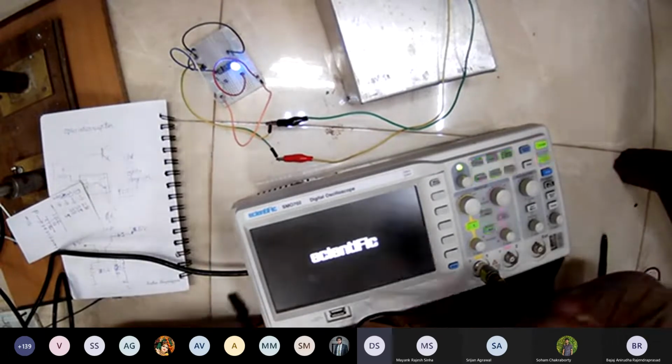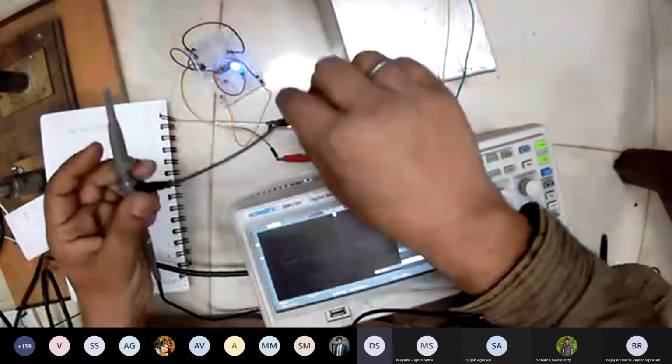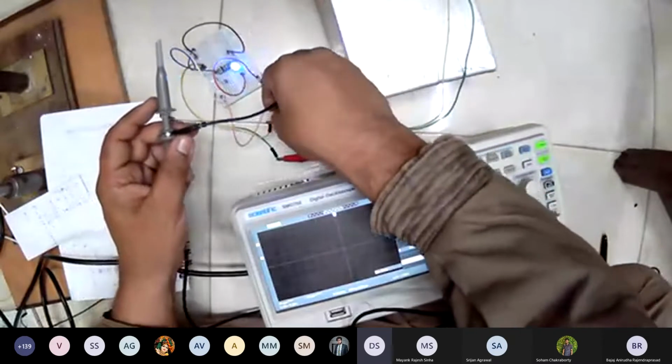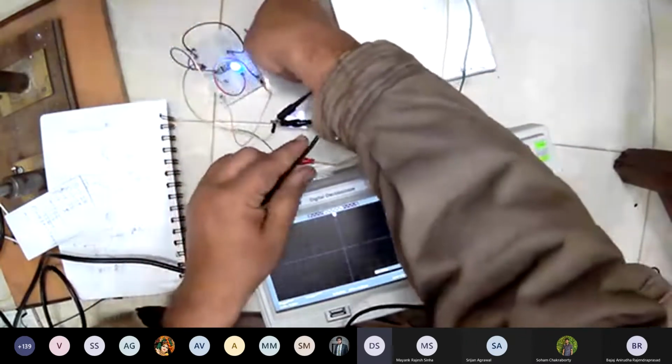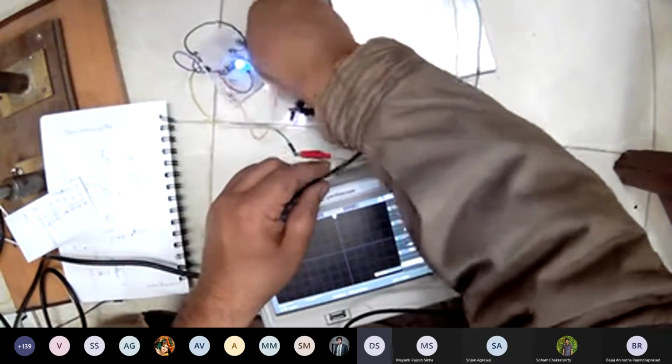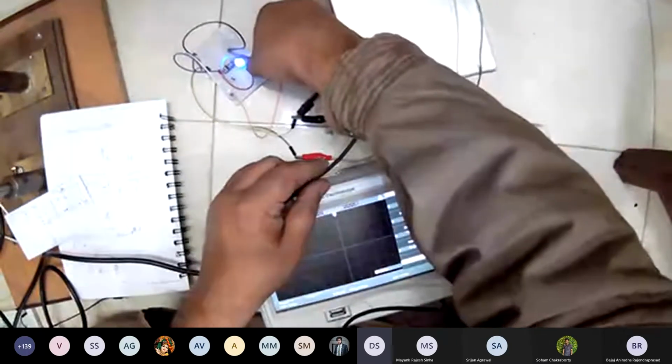We're going to measure the voltage across ground and the leg of the resistor.